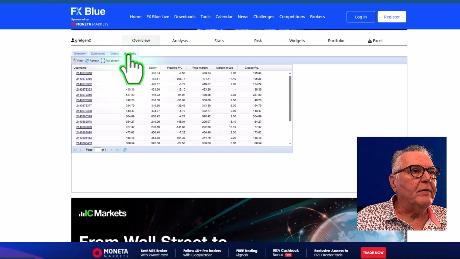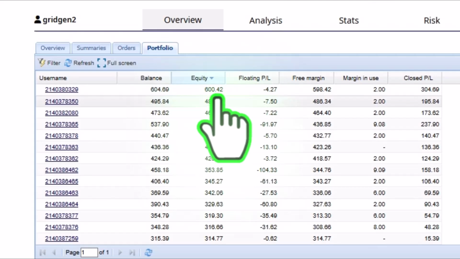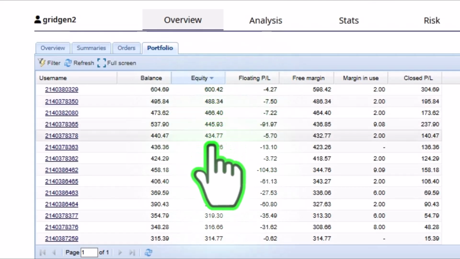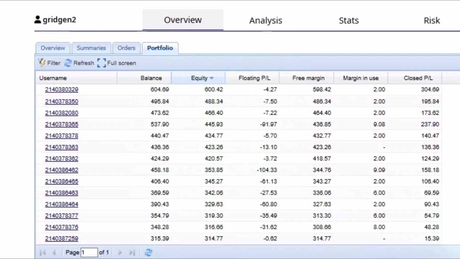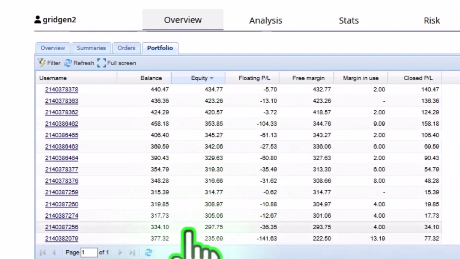Let's go and have a look at the portfolio. The robots are very robust. Look, there's the top one that I've shown you, and you can see a whole lot of others that are doing extremely well, right down to the bottom here. And we've got 2 that are struggling at the moment. Not too bad. They'll recover quite nicely.